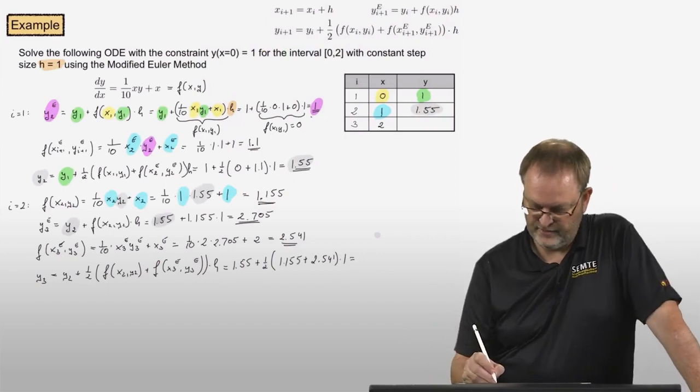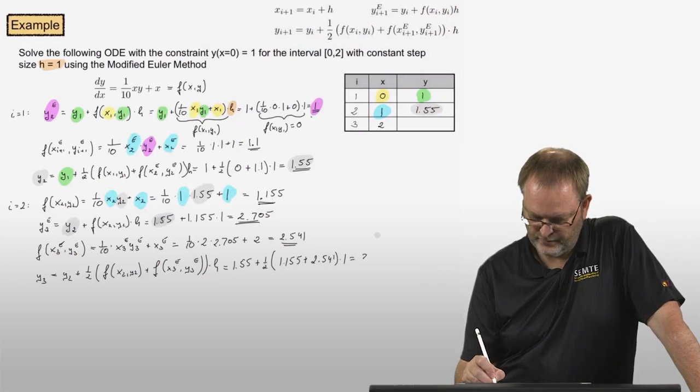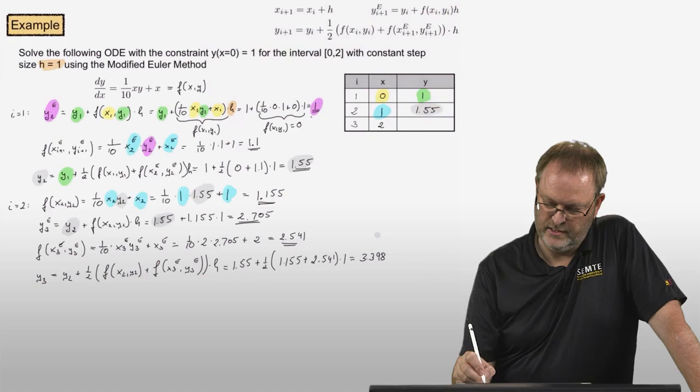And if you plug in those values, you'll get 3.398.